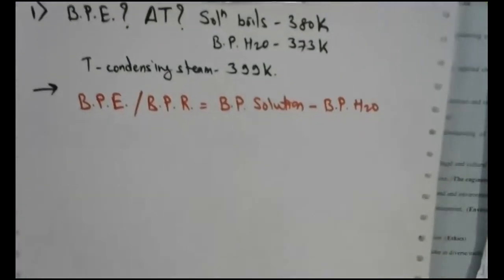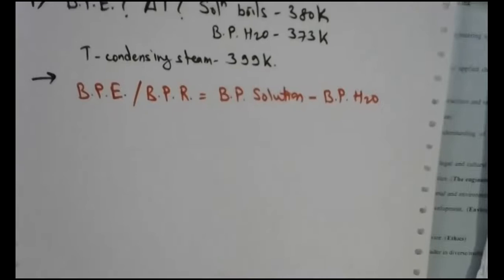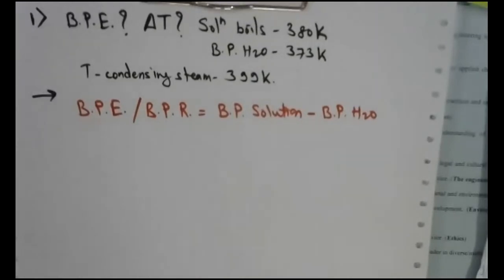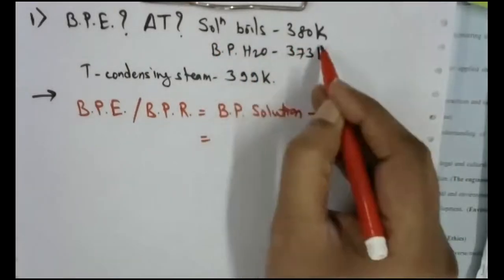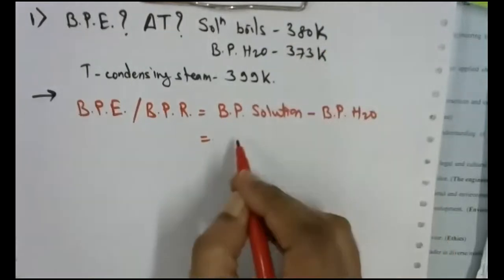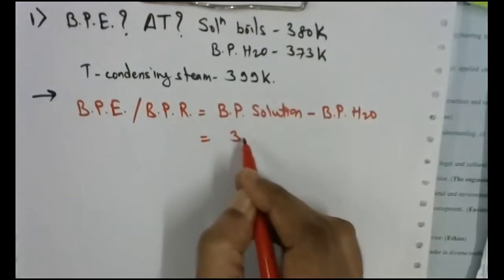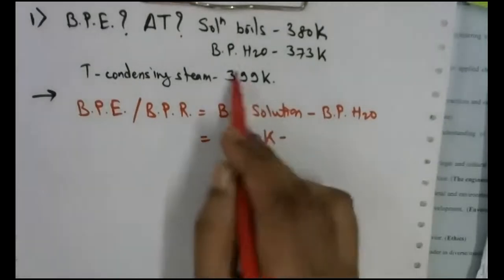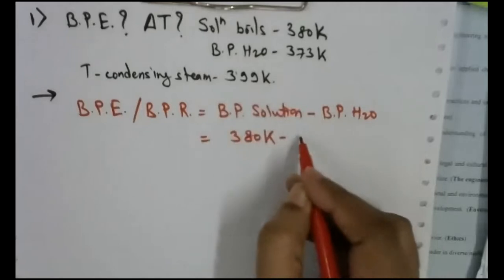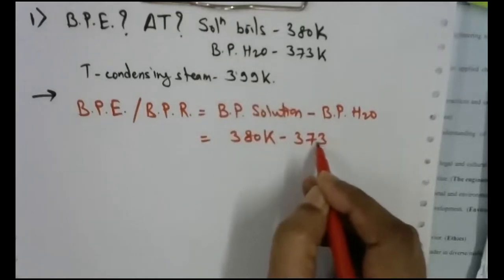The boiling point of the solution is 380 Kelvin, and the boiling point of water is 373 Kelvin.